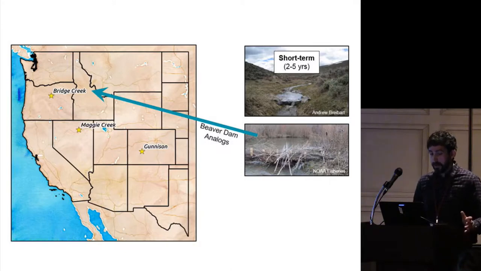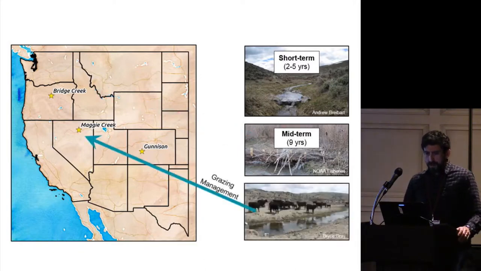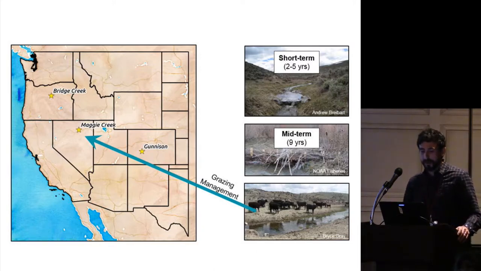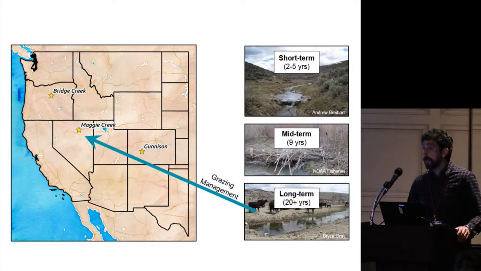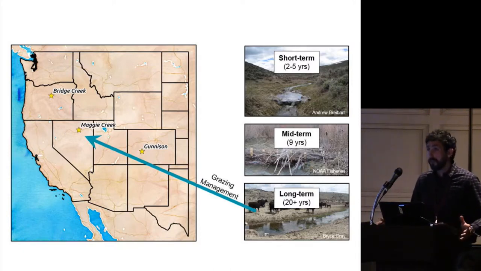This project used the Beaver Dam analogs and has been in the ground almost a decade now. And then finally, I looked at Maggie Creek over in Elko, Nevada. And this project was primarily a grazing management project, and it's been in the ground over 20 years. So you can see we have a nice range of geographic location, different restoration techniques, and then different time periods in which they've been in the ground.